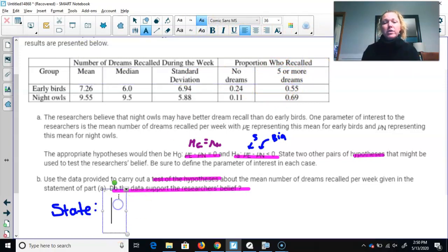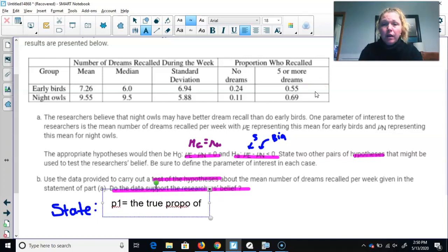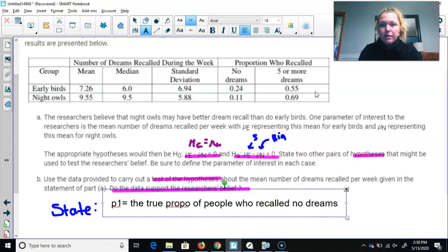So one thing you could do, and I won't do all of it, but you could start here with the proportion who recalled no dreams, right? So you could say P of 1 equals the true proportion of people who recalled no dreams in the early birds group.